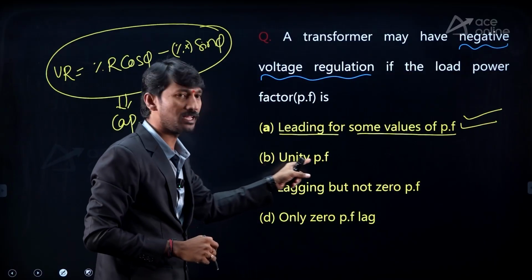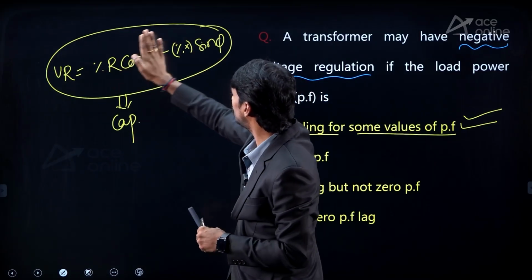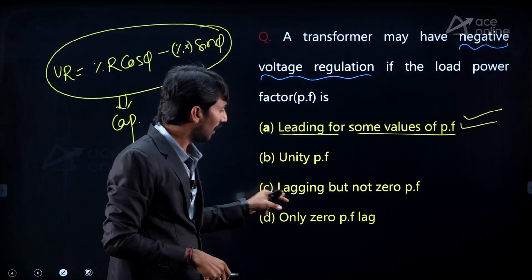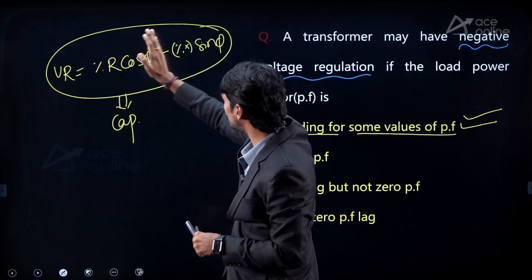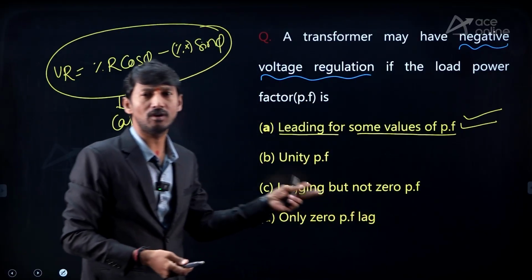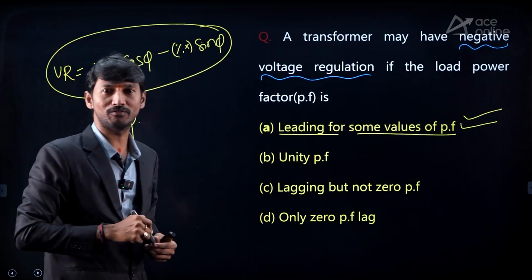But for unity power factor, this will be 0, something plus 0, something minus 0, cannot be negative. Lagging but not 0 power factor. Lagging means plus will be there, something plus something, cannot be negative. And then only 0 power factor, not correct. So therefore, automatically leading for some values of power factor.